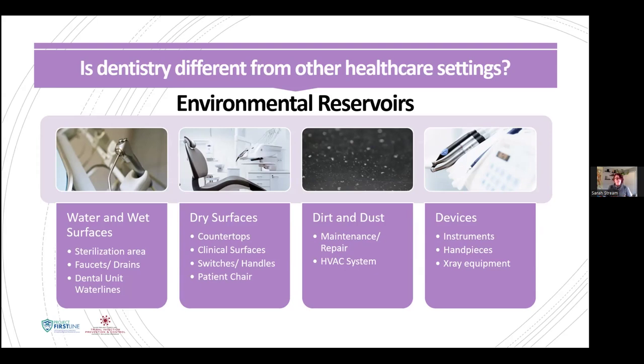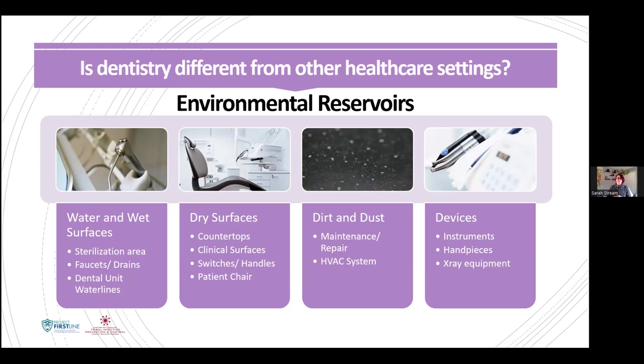So some common places would be our dental unit water lines, our huge harbors of bacterial activity. Faucets and drains also can harbor pathogens, as well as our sterilization area tends to stay wet all day long because we're rinsing contaminated instruments, we're working with the ultrasonic cleaner, and there's just water everywhere.